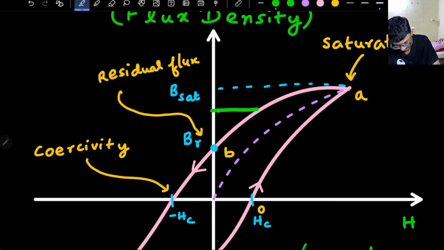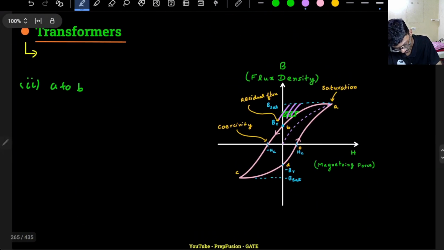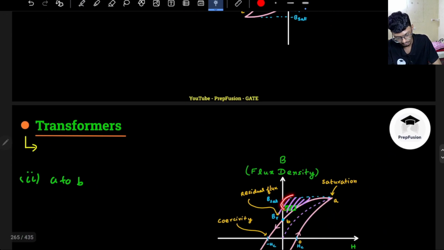So the dB will be here. If I just choose a color, the area will be this one. Previously this whole thing was the area. Now this is the area. Got it?